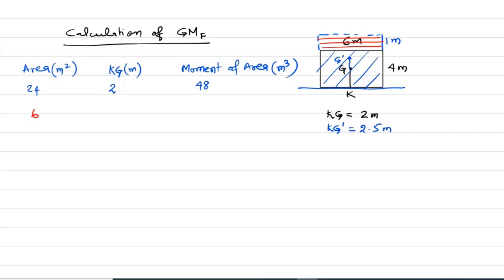Say the 1 meter is here, so half of that is 0.5, but its distance from the keel is how much? 4.5. Exactly. You need to understand this concept. So what is the moment of area? It will be 4.5 multiplied by 6, so it will be 27. Fantastic.